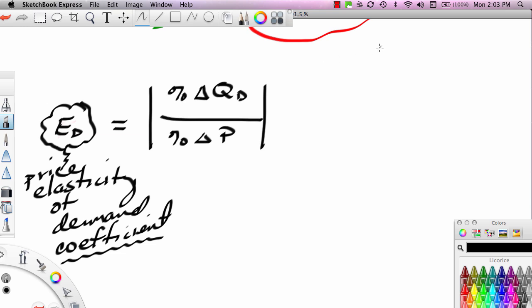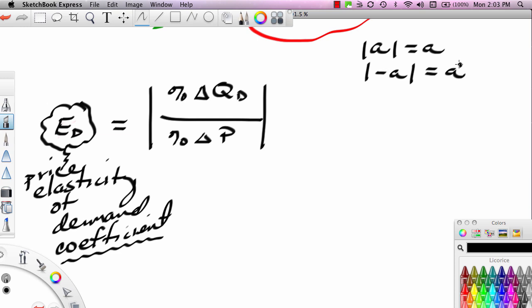If you take the absolute value of A, you get A. A is a positive number. The absolute value of a positive number is that number. If you take the absolute value of a negative A, you get A. So we apply the absolute value restriction to the formula to get rid of negative signs.